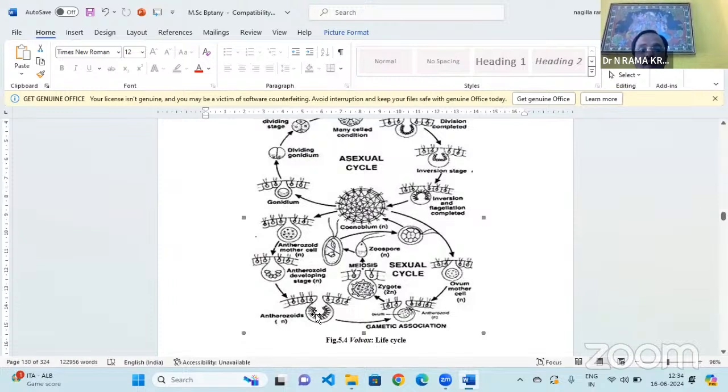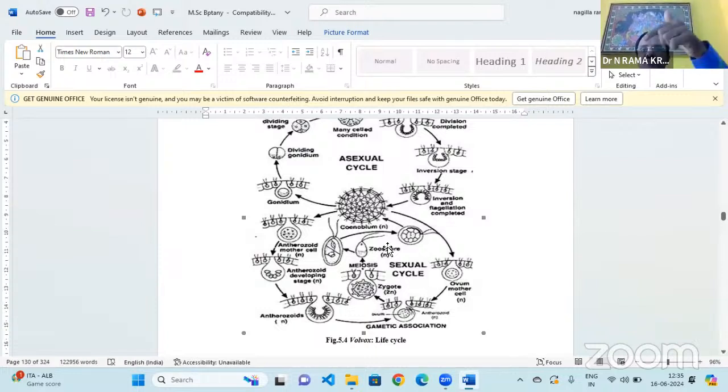So many antherozoids come outside the antheridial chambers and enter the female reproductive organ, but the female accepts only one antherozoid.